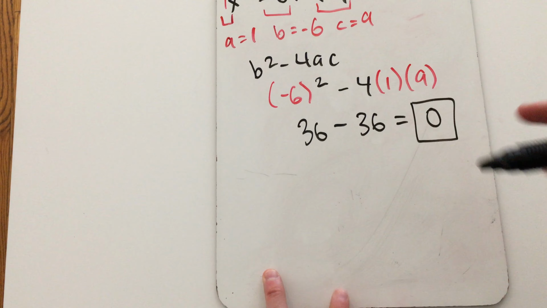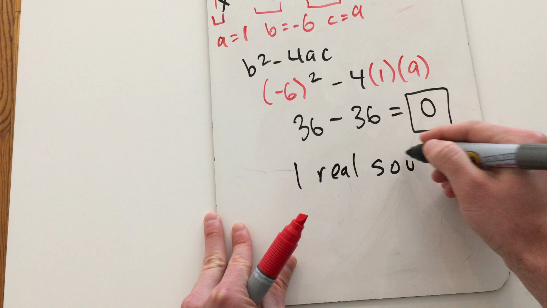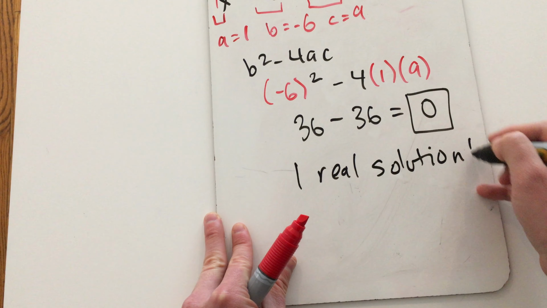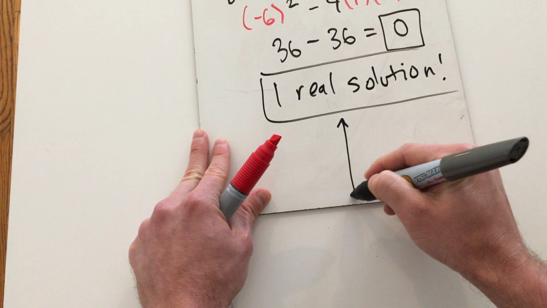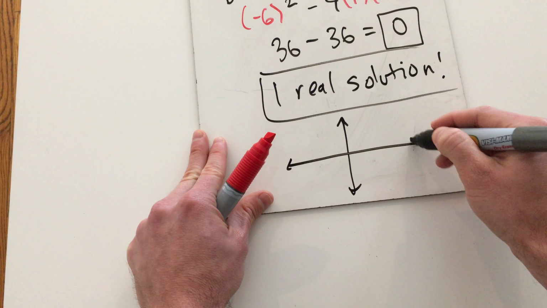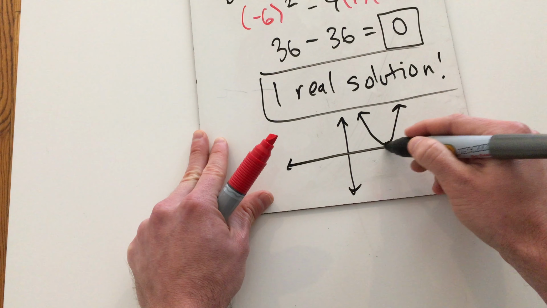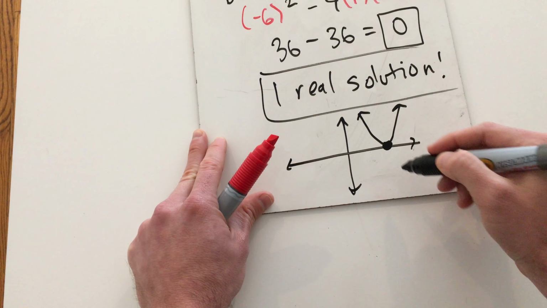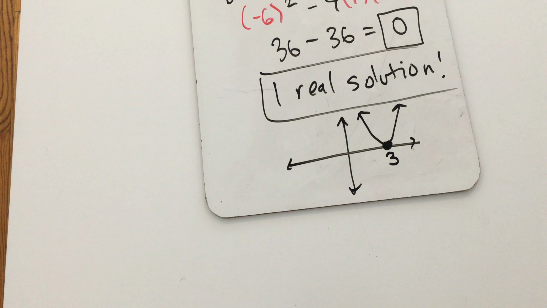So that's why when you get 0 for the discriminant, there's only one real solution. And if you graphed this, it would actually look something like this. And you would see that repeated root, or that double root right here. And in this case, it would be at positive 3.